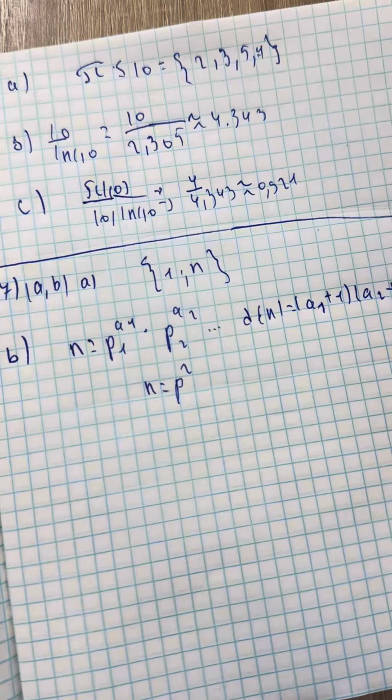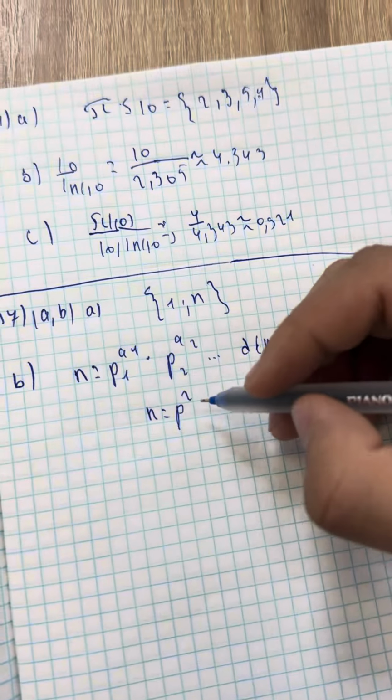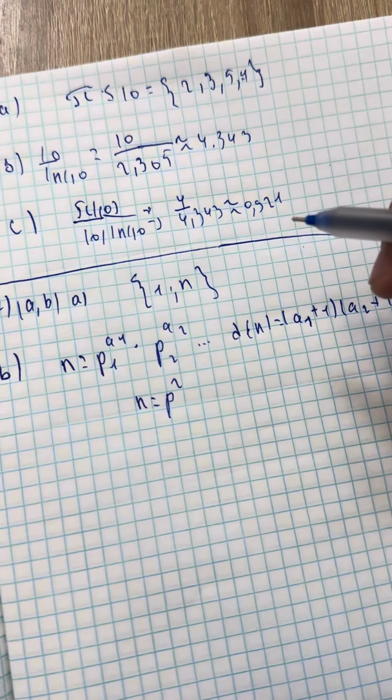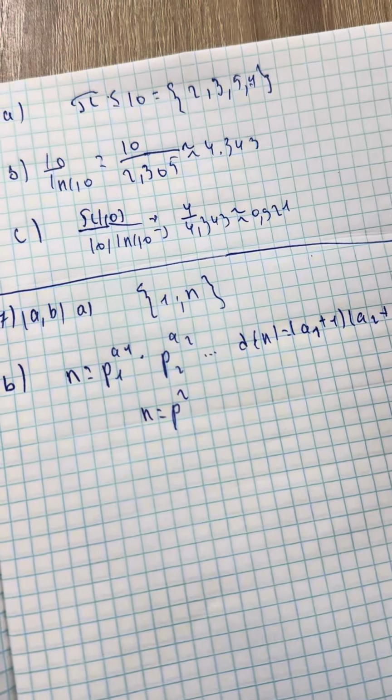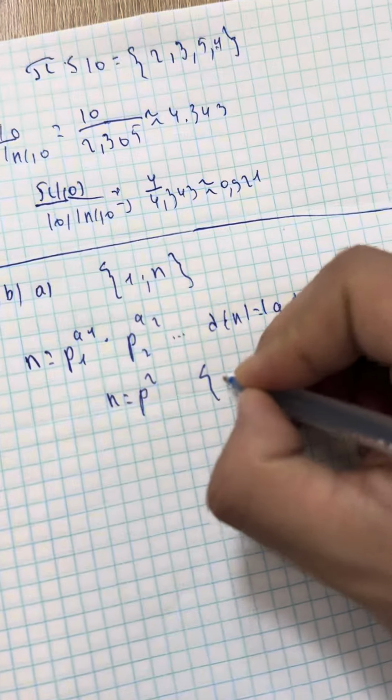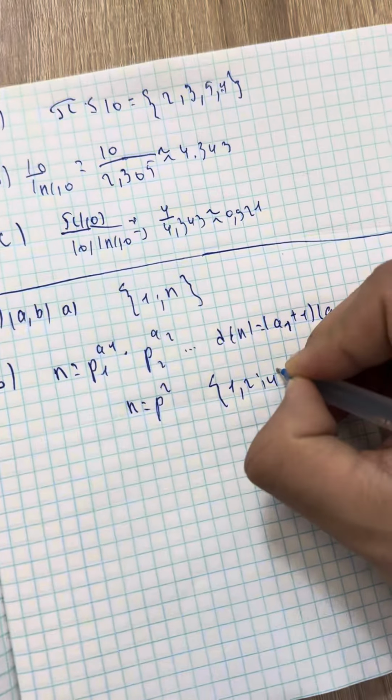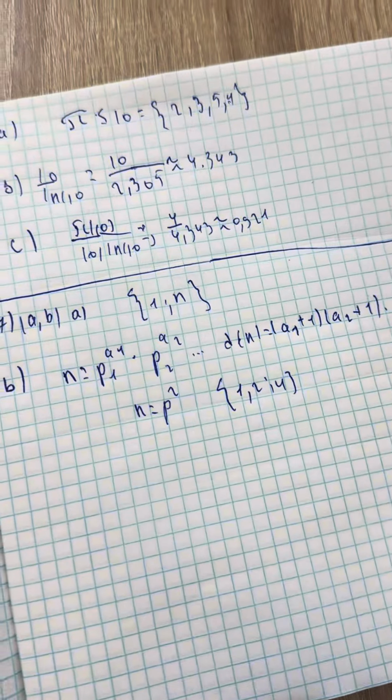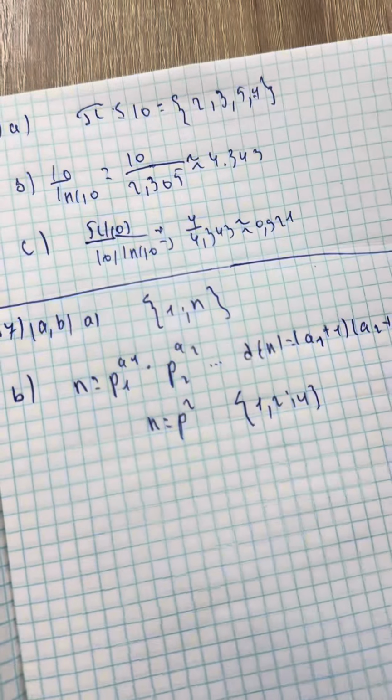where p is prime. For example, 4 equals 2 squared, divisors will be 1, 2 and 4, total 3. And the same thing with 9.